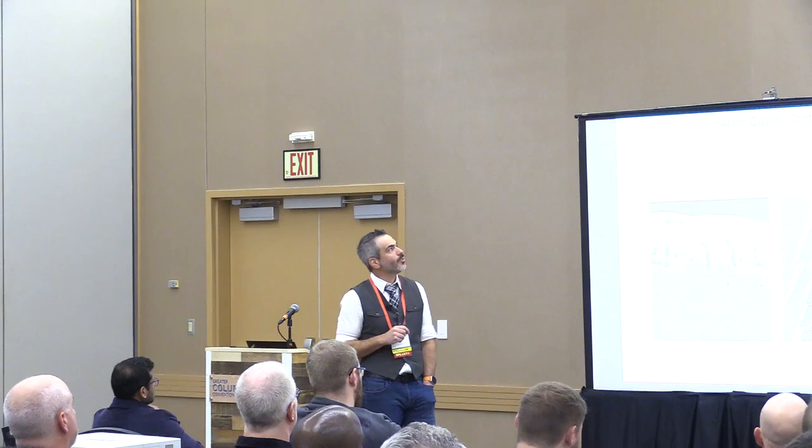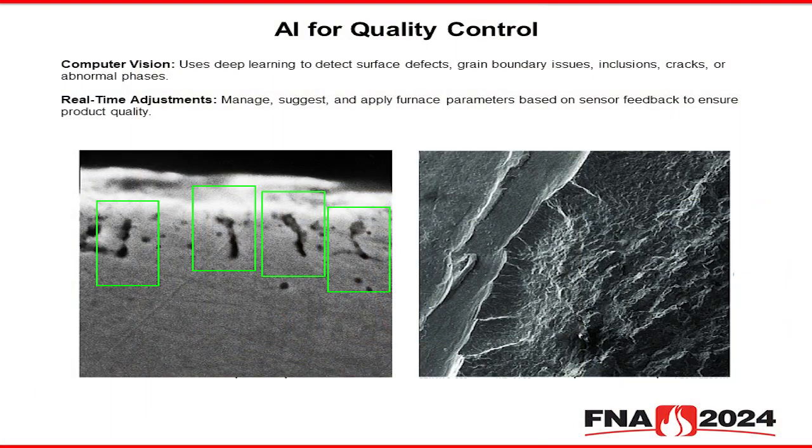So let's talk about quality control. Computer vision has been around for a little bit as far as the technology, both cloud-based and on-prem based, but the ability to detect certain anomalies or elements that the system will learn over time could potentially be a defect.